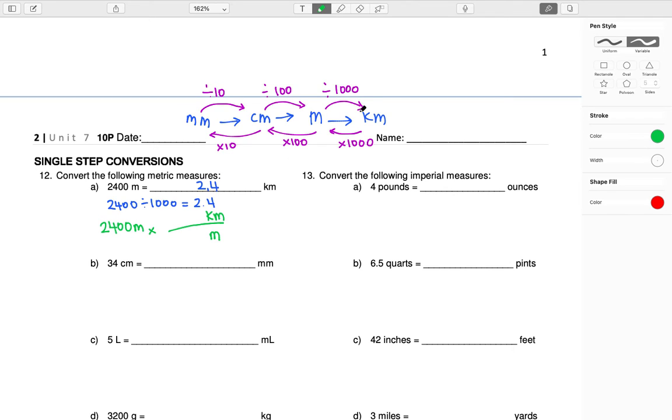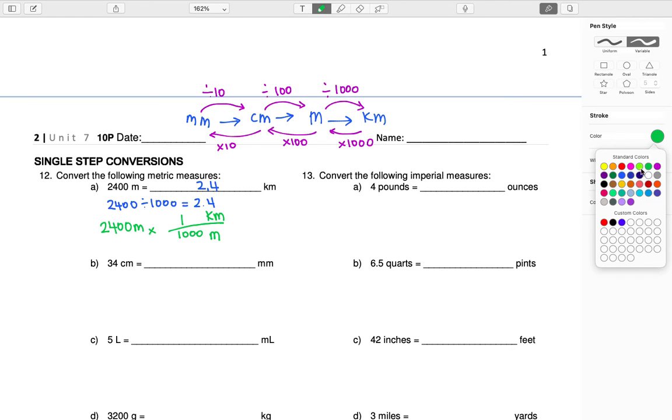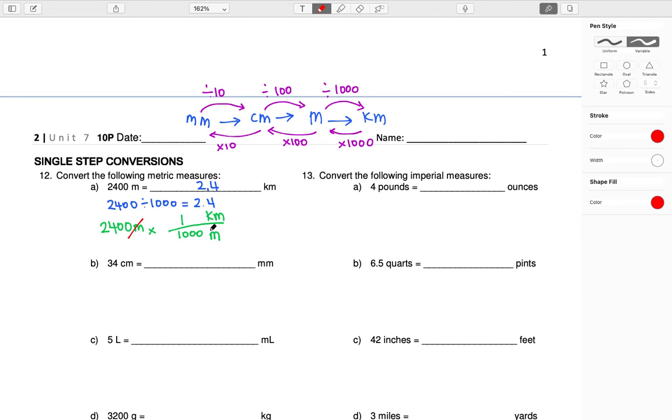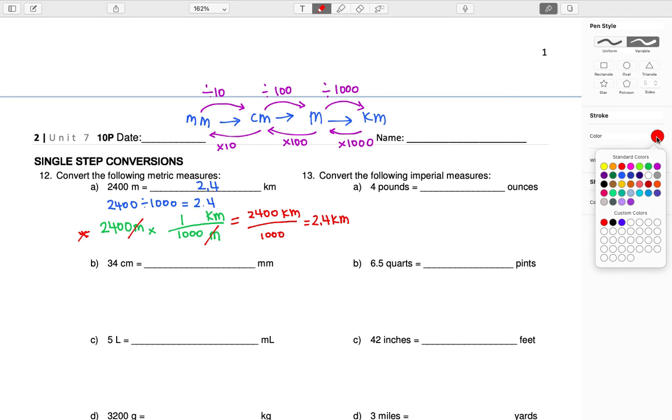And we know that 1 kilometer is equal to 1,000 meter. Therefore, meter and meter cancel out. So you get 2,400 times 1 divided by 1,000, which will give me 2.4 kilometer. So this is the ideal way to do a unit conversion.